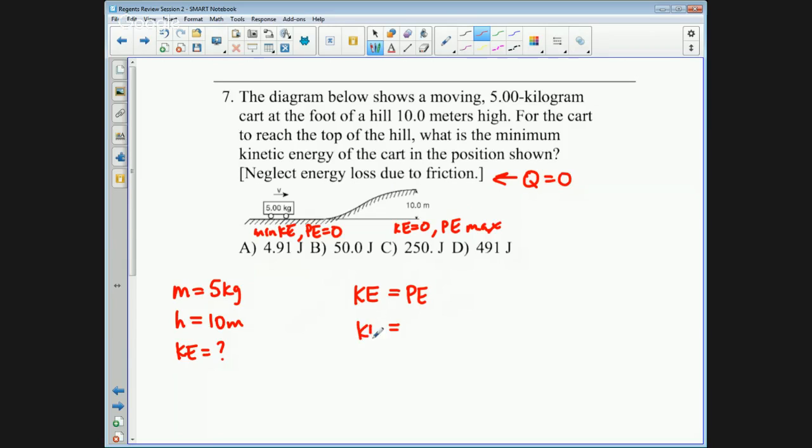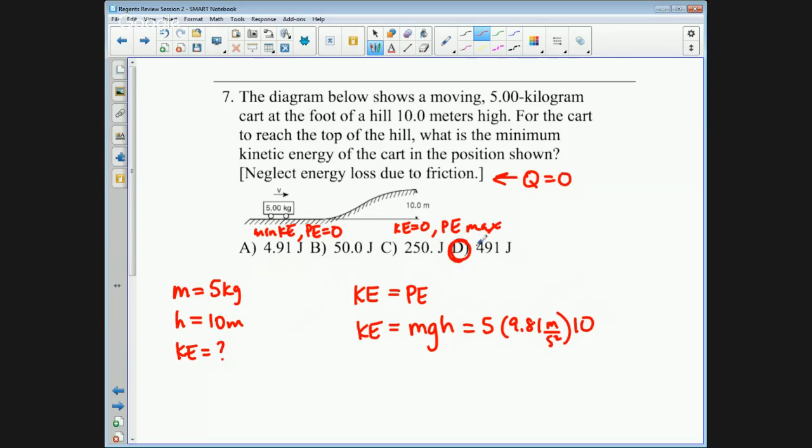So kinetic energy is going to equal the potential energy, which is mass times acceleration due to gravity times the height. That's 5 times 9.81 meters per second squared times 10. So that's 5 times 10 times 10, approximately 500.